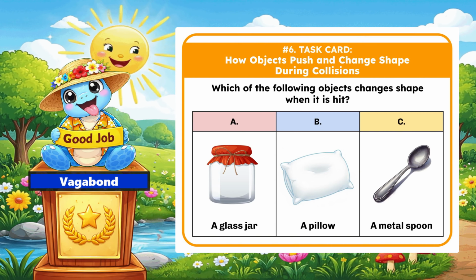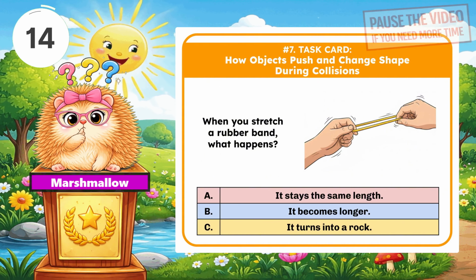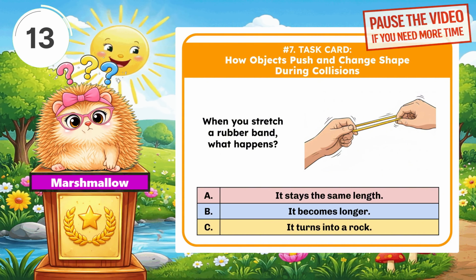And the correct answer is letter B, a pillow. When you stretch a rubber band, what happens? And the correct answer is letter B, it becomes longer.